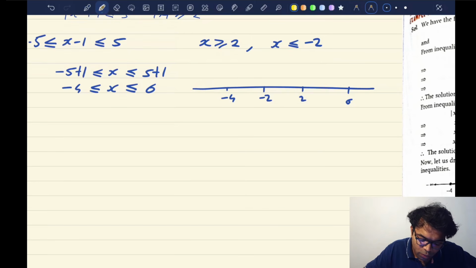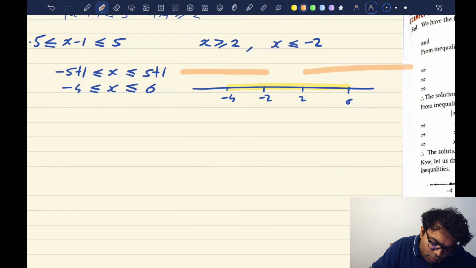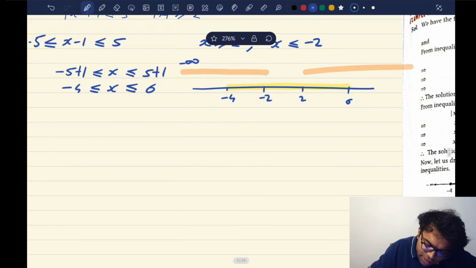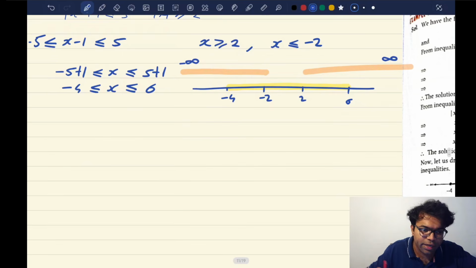One is from -4 to 6. So I will highlight this whole thing. Now the second highlight I want is -infinity to -2, that is this one, union 2 to infinity. So this is going to -infinity and this is going to infinity.